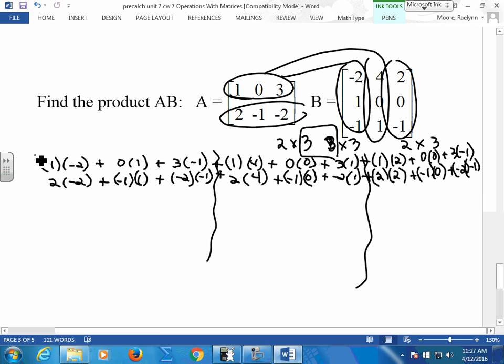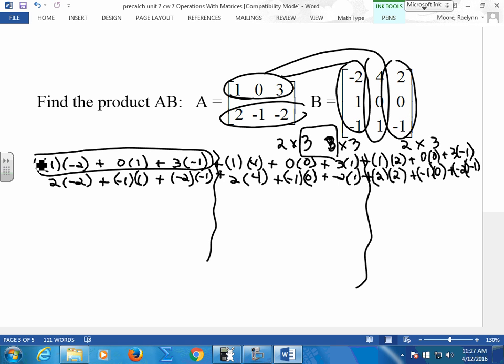Now, put this whole thing in your calculator and give me an answer. The zeros are nice, they come out. Negative 2 plus negative 3? Negative 5. Okay, put this guy in.